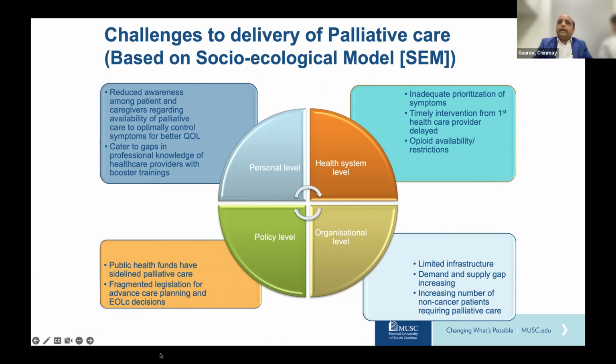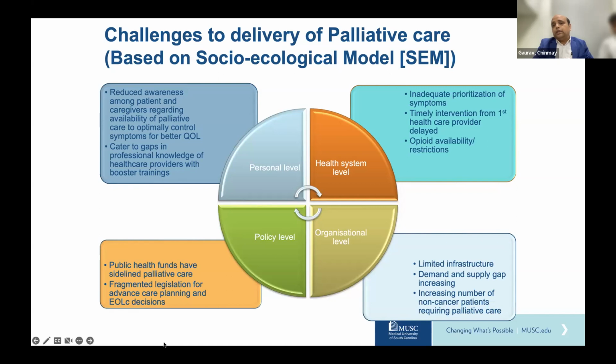What we tried to do was educate the community health providers, and also the doctors and nurses in the community, through training to improve their knowledge about advanced cancer care and palliative care. This way we tried to reduce the gap to some extent.